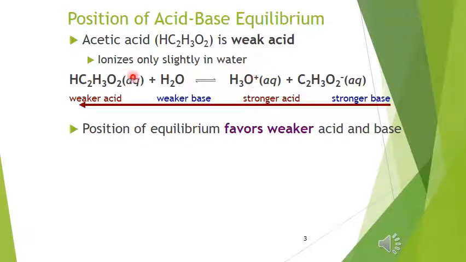Whenever this guy gets the H, it throws it back because it's a stronger acid. It dissociates easier. So whenever you have a weak acid and a strong acid, the reaction will always lean towards the weaker acid, because the stronger acid says, "Whoa, I don't want this proton."